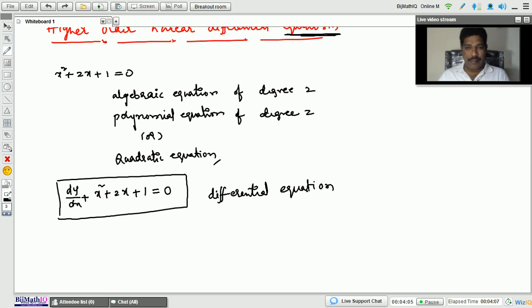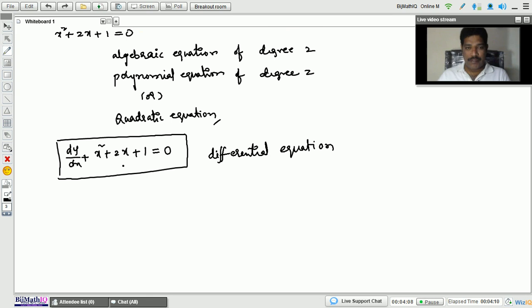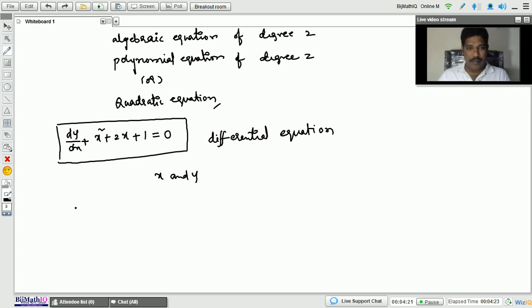Clearly you can observe that in this differential equation there are two variables, x and y. In the derivative dy by dx, this is the derivative of y with respect to x, that is, we are taking the differentiation of y with respect to x.